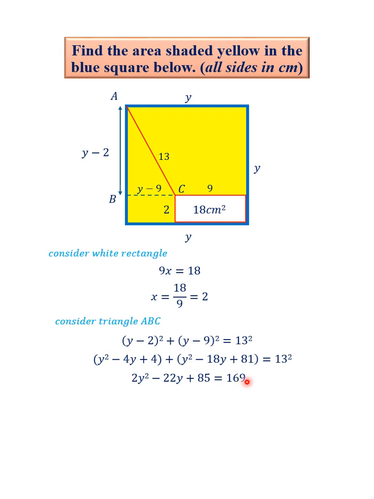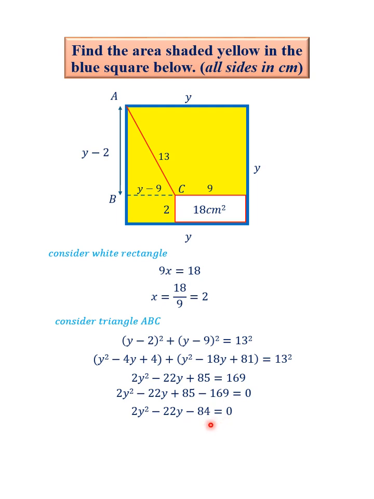At this point, we'll subtract 169 from both sides, and if we do that, we have 2y squared minus 22y plus 85 minus 169 equal to 0. 85 minus 169 would give us negative 84. So we have 2y squared minus 22y minus 84 equal to 0.